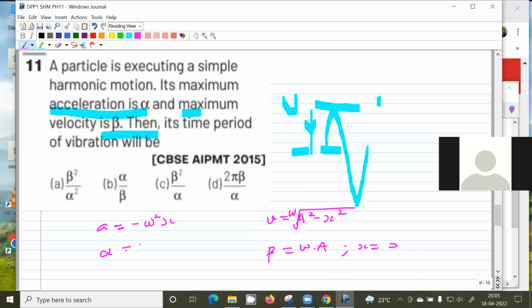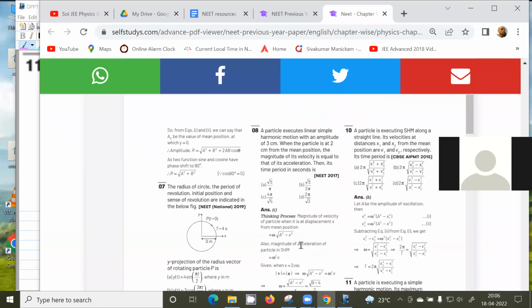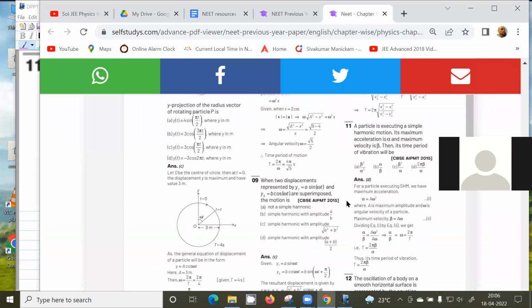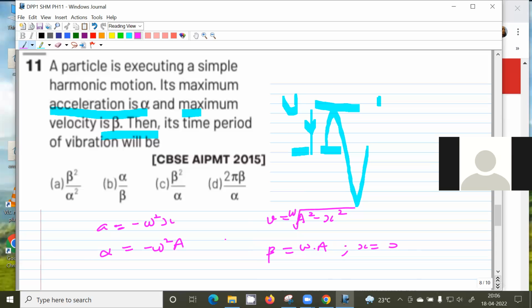The maximum acceleration gives the answer 2 pi beta by alpha. Option D. So this is the formula you have to use, and you have to use the correct position. Maximum velocity occurs at x equal to 0, and maximum acceleration occurs at the extreme position. Got it?